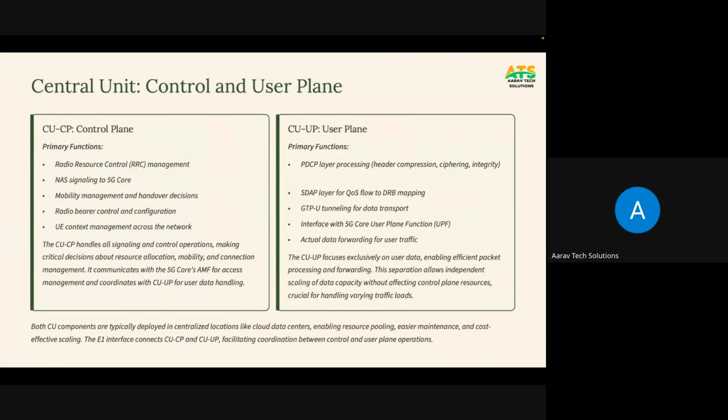SDAP is basically the QoS flow to DRB mapping, and there is GTP-U tunneling, which is basically the interface with the 5G core user plane, the UPF.